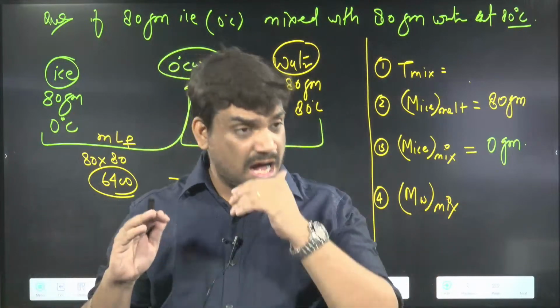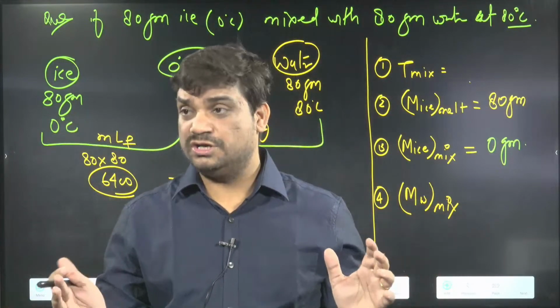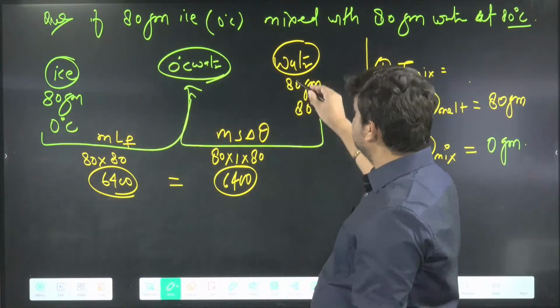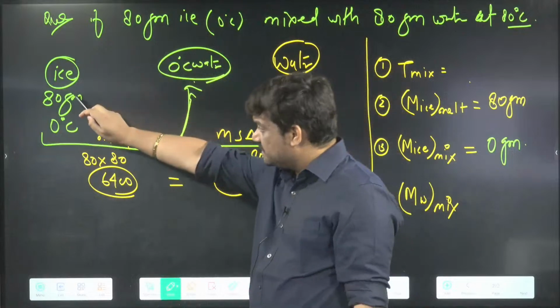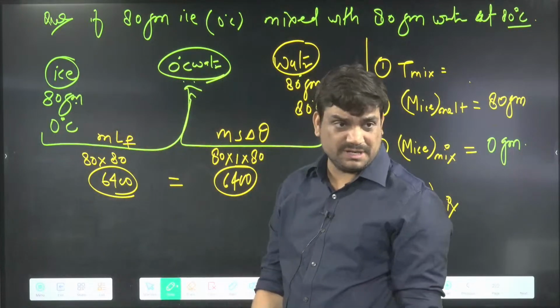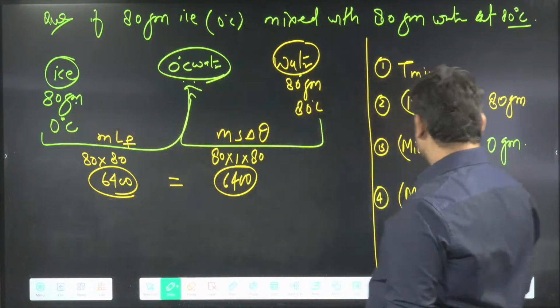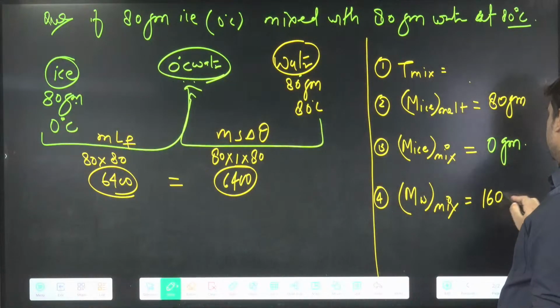Total ice converted to water. If I'm asking how much water will be there, 80 gram coming from this side and 80 gram from this side, so the total becomes 160 grams of water.